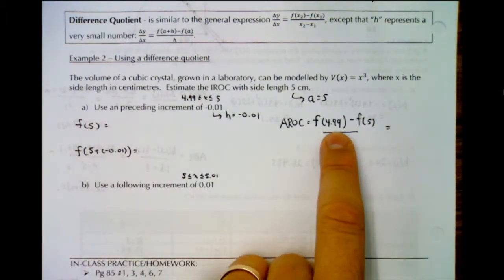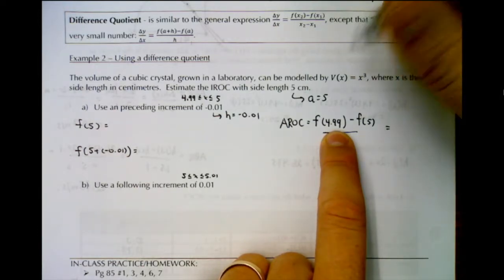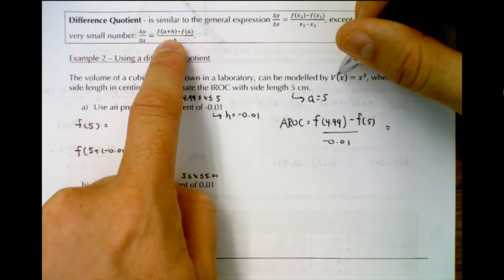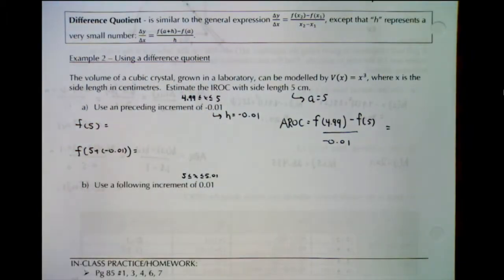So what is f at 4.99? And by f, I really should have been using v, but it would take a lot to white it out now, so please maybe use v. I guess f is okay because I'm trying to match the notation here from the difference quotient, so let's stick with f.